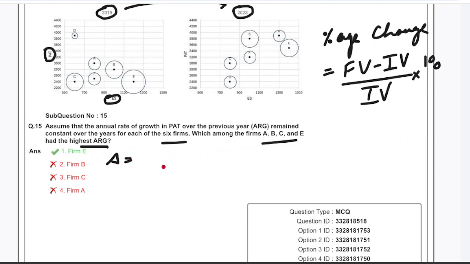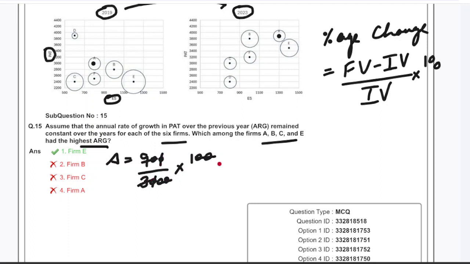For the firm A, in 2019 it is 3000, and it rose to 3900. That means the difference is, sorry, 900, divided by 3000, multiplied by 100.